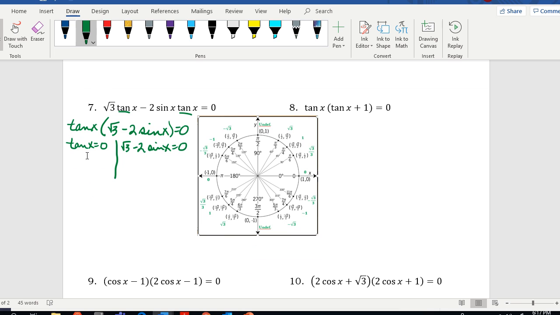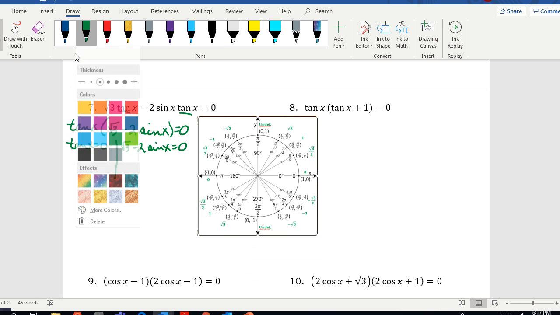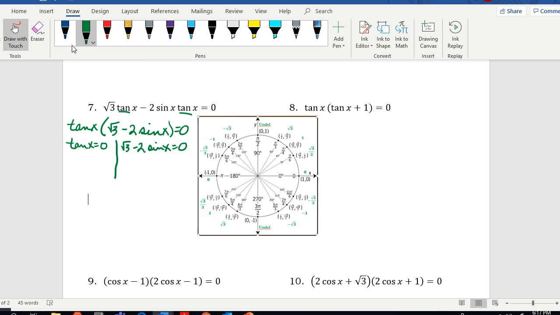Okay, back to this. So x equals tan inverse of 0. And look where tangent is 0. These two places. So that gives me 0 and 180.